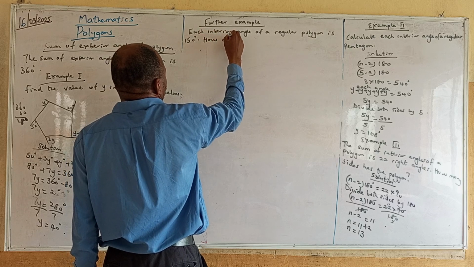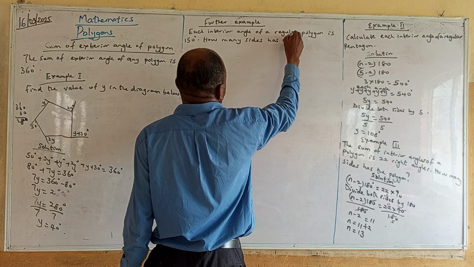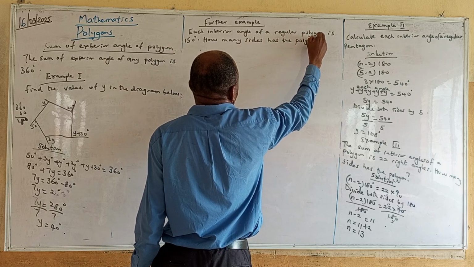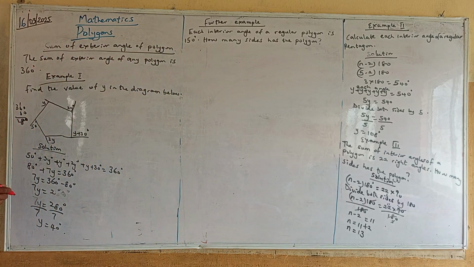How many sides has the polygon? Yes, the question says each interior angle of a regular polygon is 150 degrees. How many sides has the polygon?